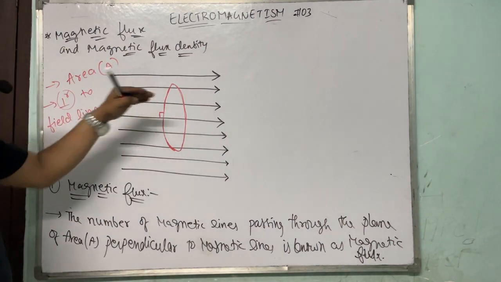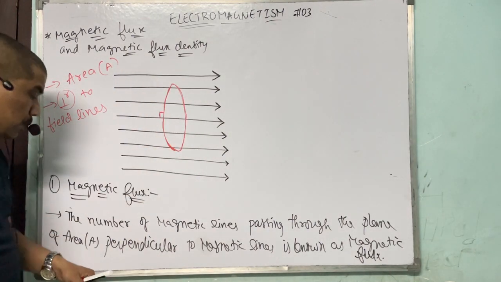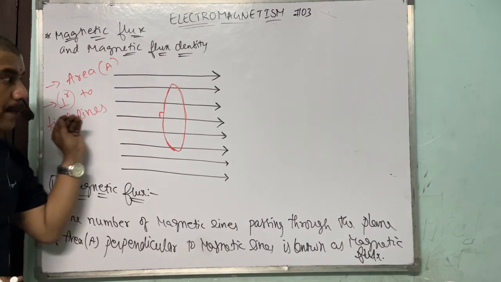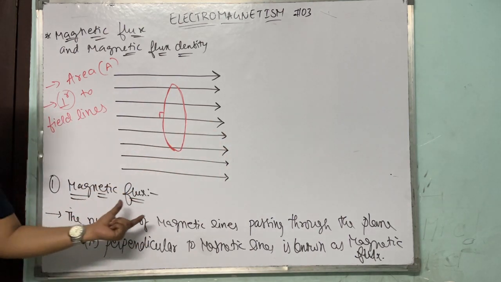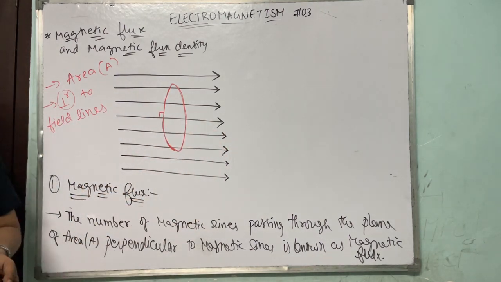Right? Say the number of magnetic lines passing through this plane whose area is A, which is perpendicular to the magnetic lines, that is called magnetic flux.